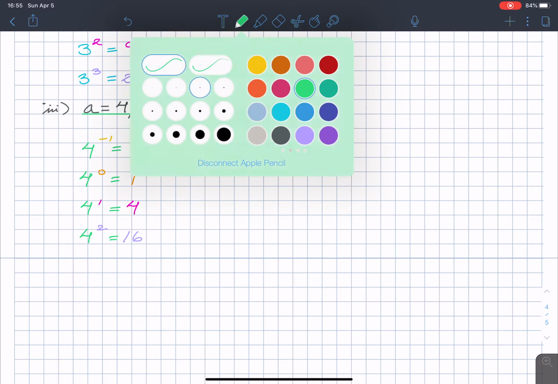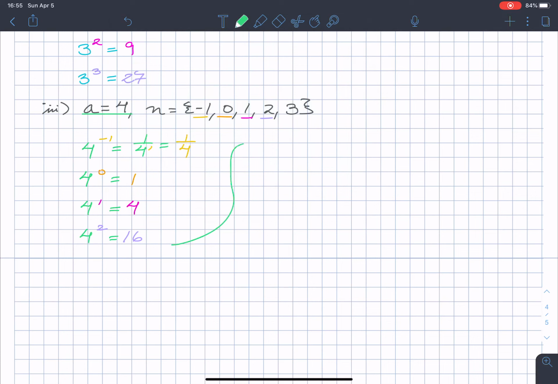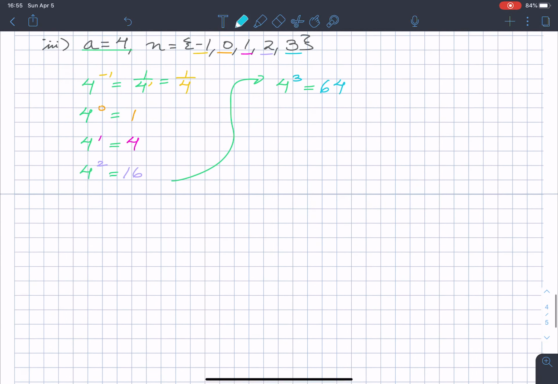And last but not least, let's do 4 to the third power. So 4 times 4 is 16, and 16 times 4 is 64. So we get 64. Okay, I fit it all on the same page. I was worried about that. Okay, so definition.